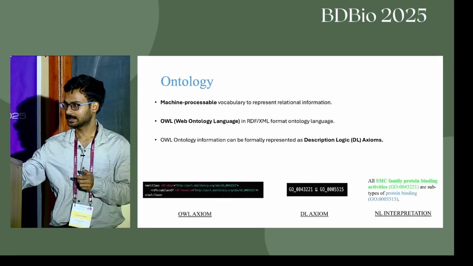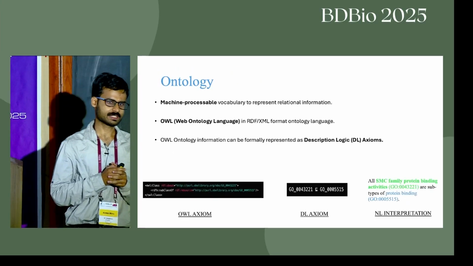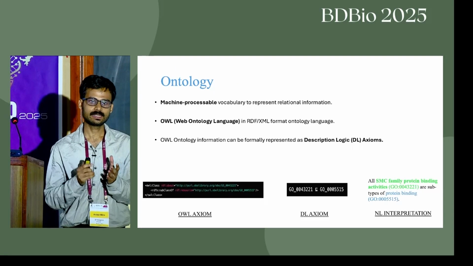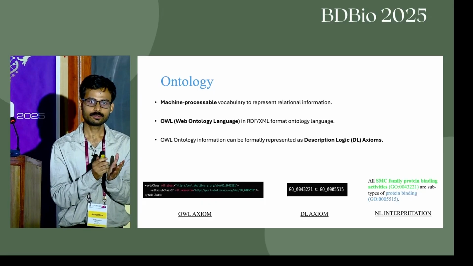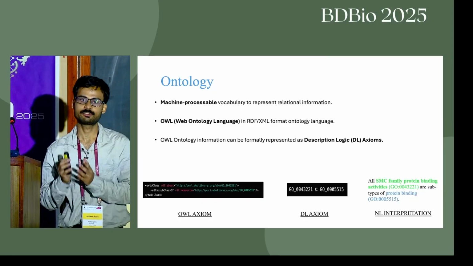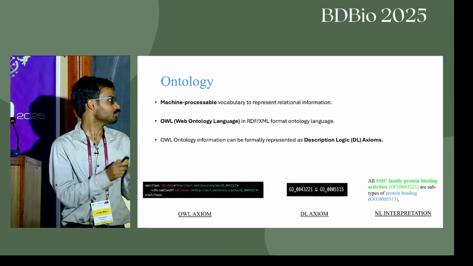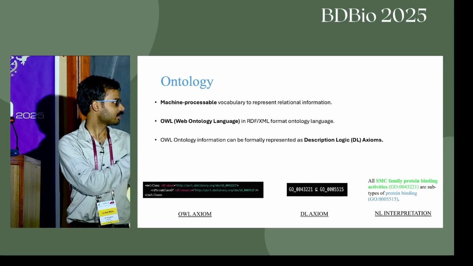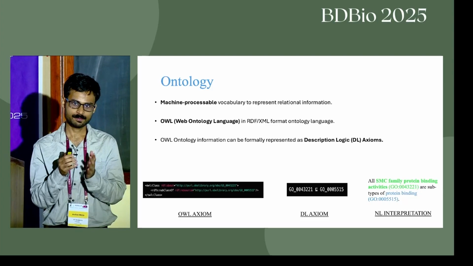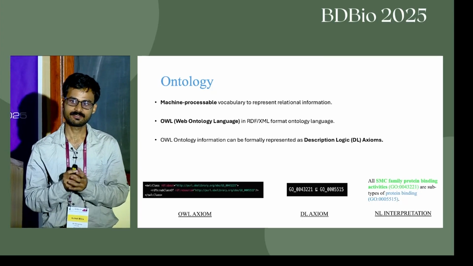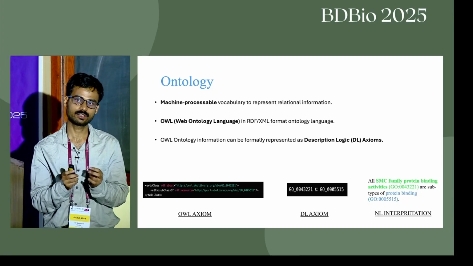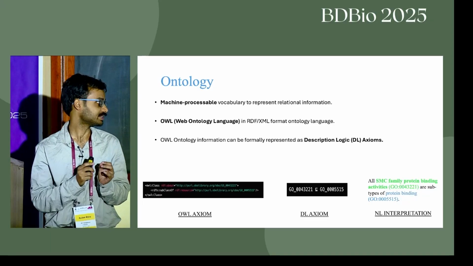So what are ontologies? Ontologies are machine readable forms of vocabulary which can represent relational information. OWL, or Web Ontology Language, which is expressed in RDF or XML format, is a very popular way to represent this kind of biomedical information.